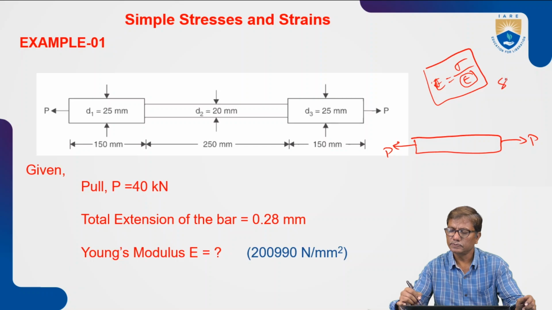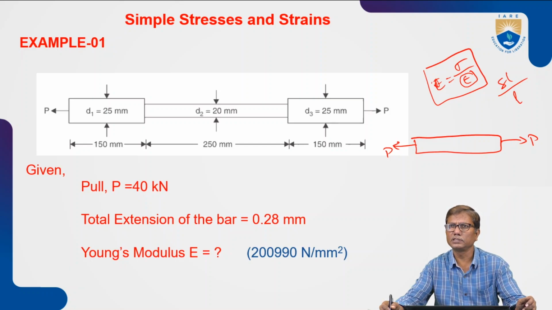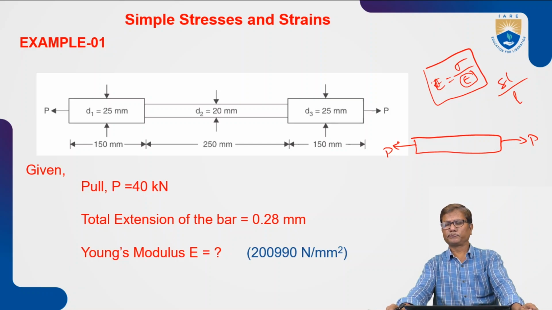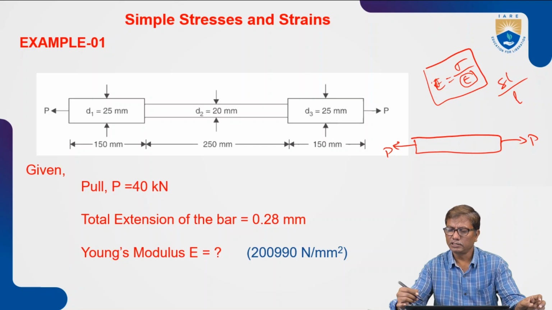Strain means extension or contraction divided by the actual length of the member. That is the strain: change in length by original length. And stress means the intensity of load acting over unit area.